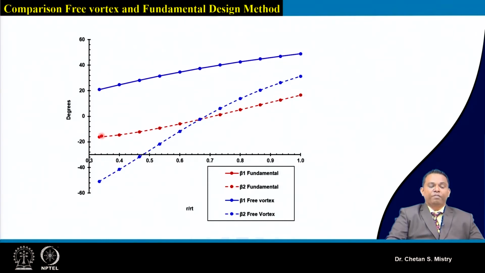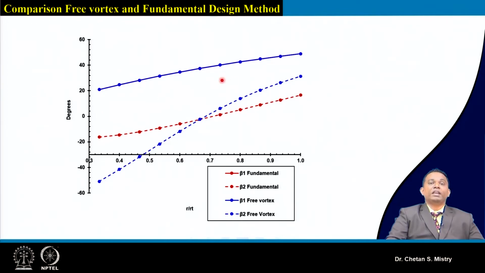Now if we compare with our fundamental design method, its delta beta is nearly half in this region, and it is not giving very high twist to the rotor 1 blade.